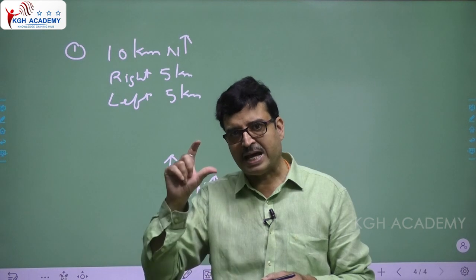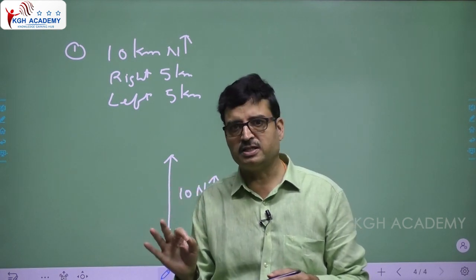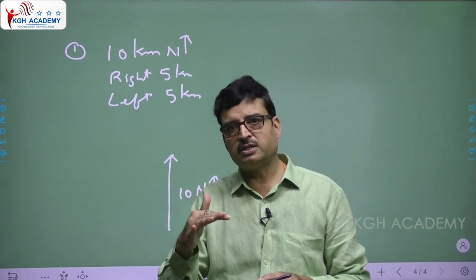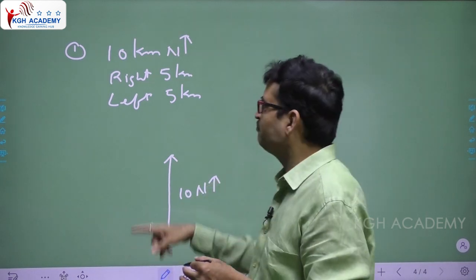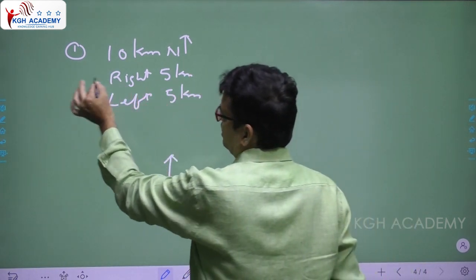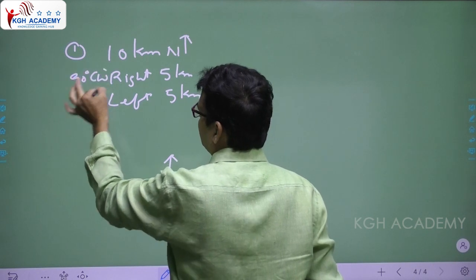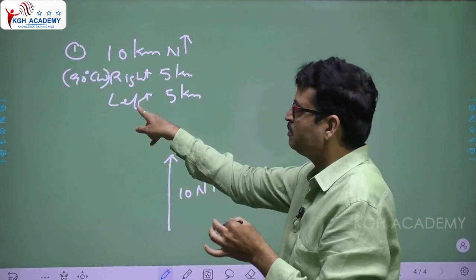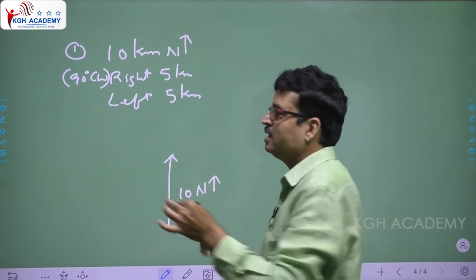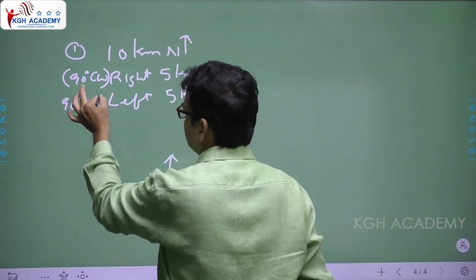Though the angle is not mentioned in the question, you always take it as 90 degrees whenever they mention turning right or turning left. Turn right means 90 degrees clockwise; left means 90 degrees anti-clockwise.